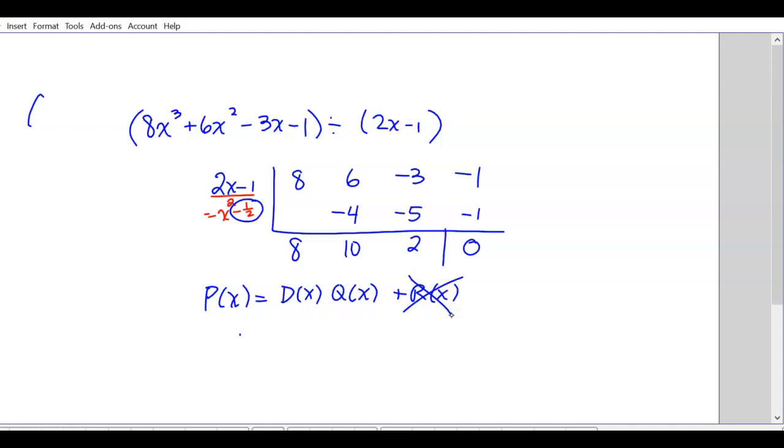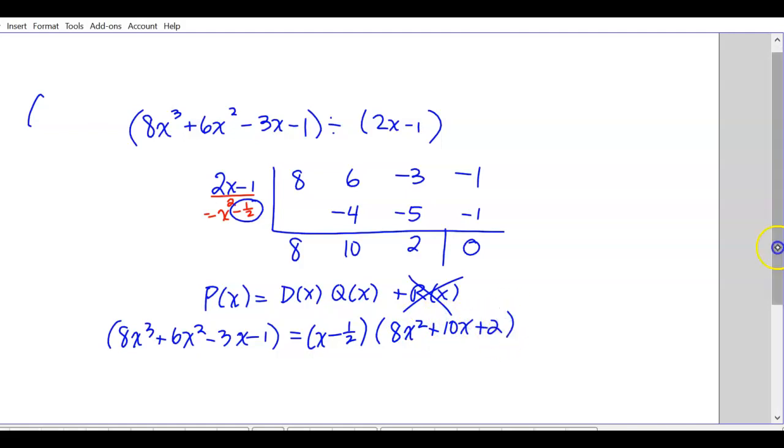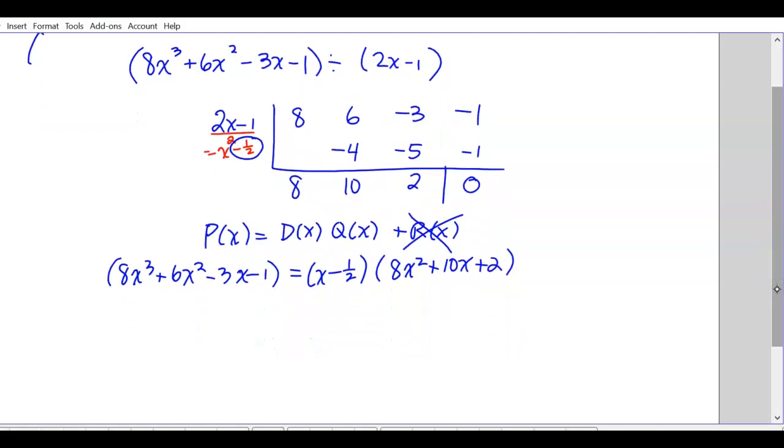So this polynomial function is equal to, if I'm writing this out, this is a good way of letting you see, my divisor now is x minus 1/2. My quotient here is now 8x squared plus 10x plus 2. What don't I like about that? What will Ms. McKay get annoyed with and maybe take marks off?